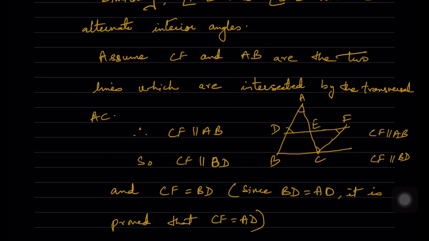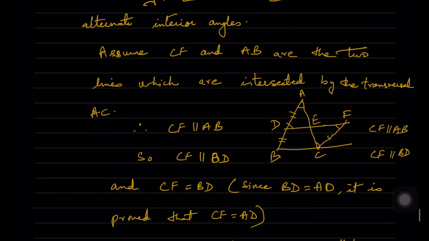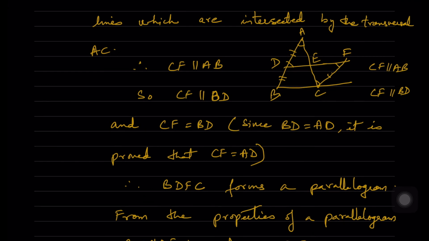So CF is equal to BD. We have just now seen that CF is equal to AD, AD is equal to DB, therefore CF is equal to BD, and we also have that CF is equal to AD. So therefore BDFC forms a parallelogram here. This down part, this whole thing, forms a parallelogram. That is this part.